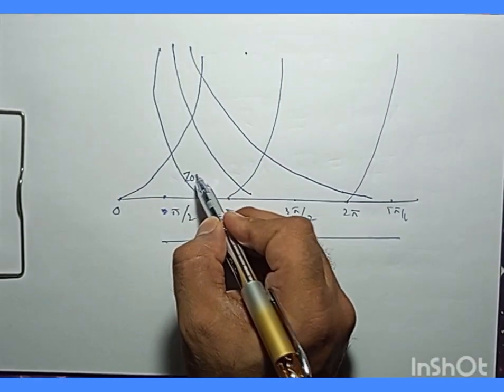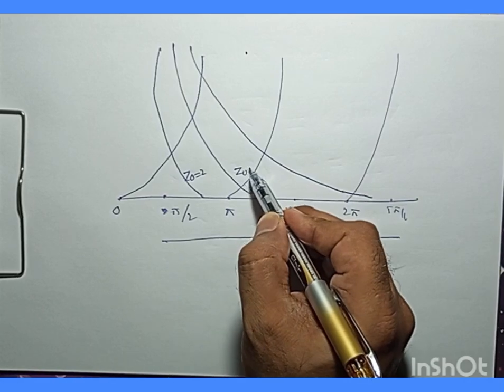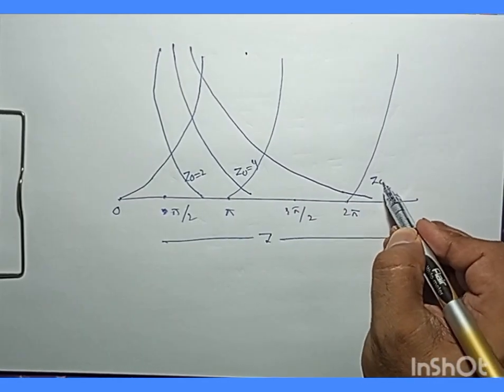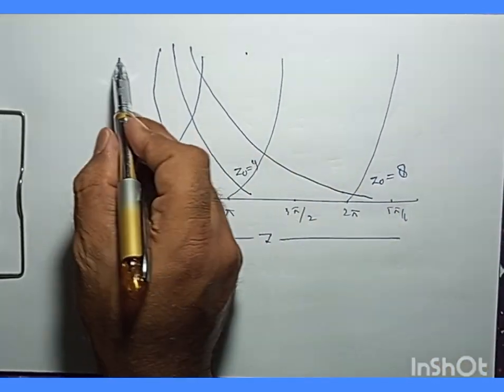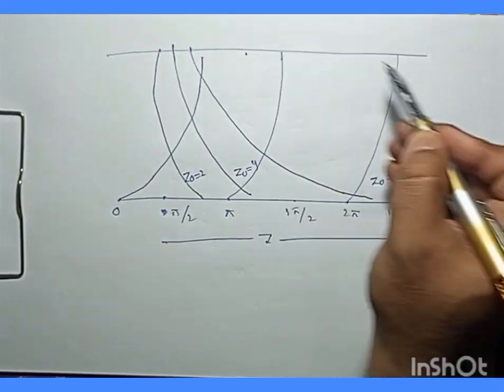So this is z naught equal to 2, this is z naught equal to 4, and this is z naught equal to 8. So I would like to keep it like this.